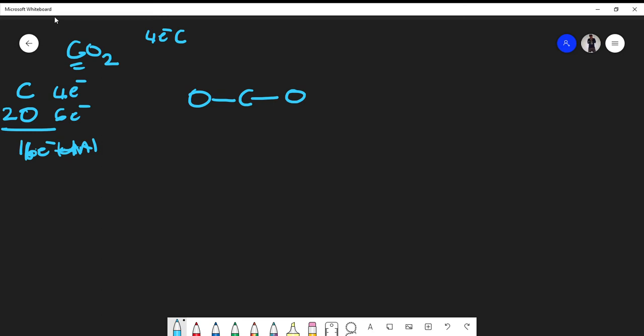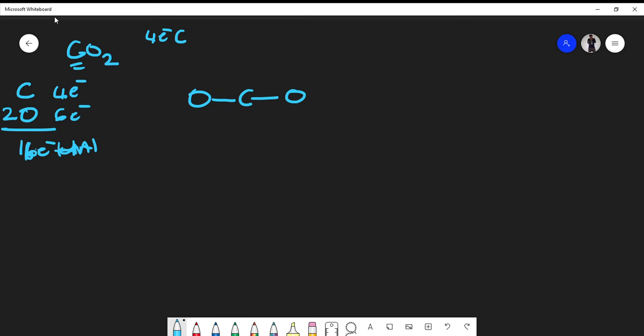Now we need to find some way to put this structure together where we use 16 electrons and both oxygen and carbon satisfy the octet rule. So far I've used 4 electrons, and we only have 4 electrons around carbon. Carbon has to be one of those atoms that satisfies the octet rule.